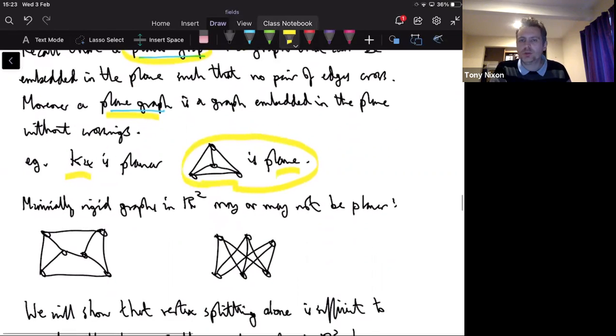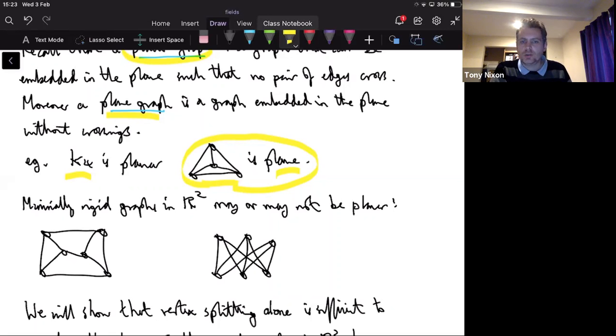And what I want to do is look at two free tight plane graphs and generate them all by vertex splitting operations. The idea here is that there are times when there are problems in rigidity theory and in discrete geometry more widely where you have to restrict to planar graphs or plane graphs, and you want to stay within that class.